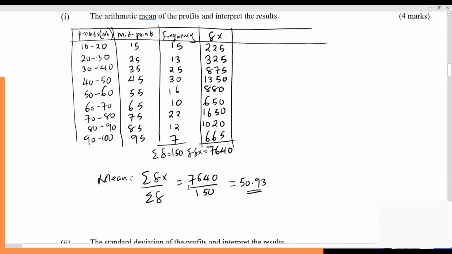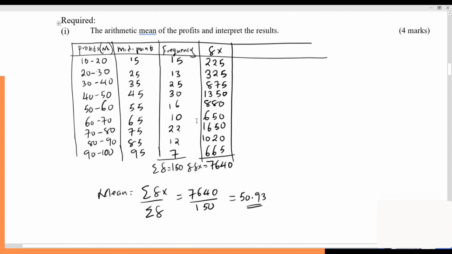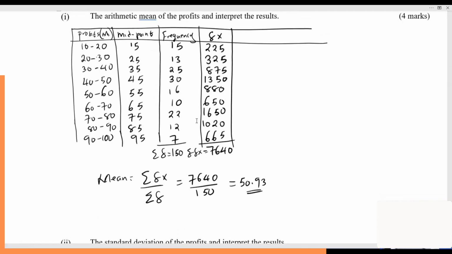We move on, but you are also told to interpret the results. So how do you interpret this?